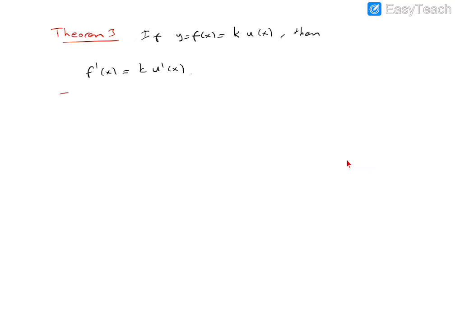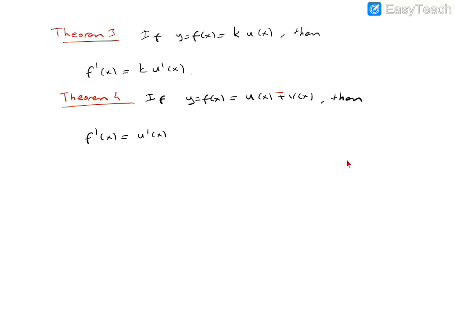The next rule is the sum and difference property. If the function f of x is a summation of the functions u and v, or the difference of u and v, then the derivative of f of x equals the derivative of u of x plus the derivative of v of x.